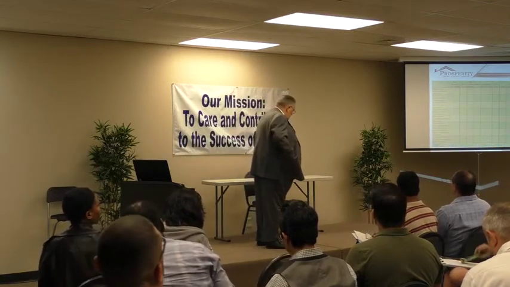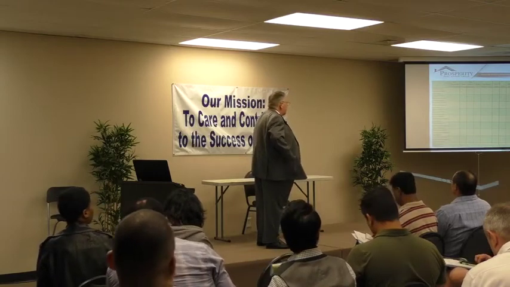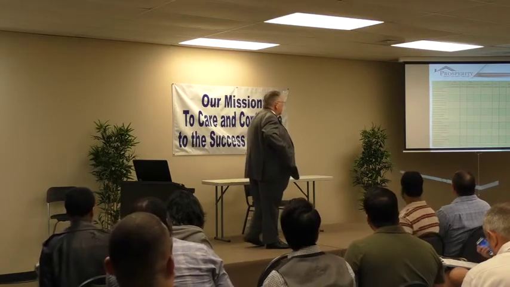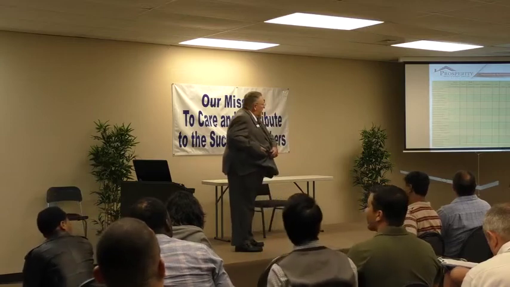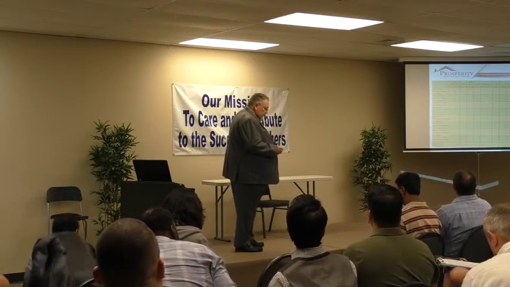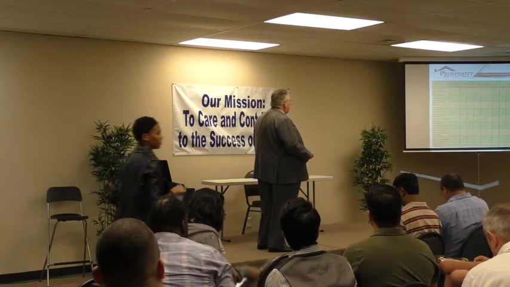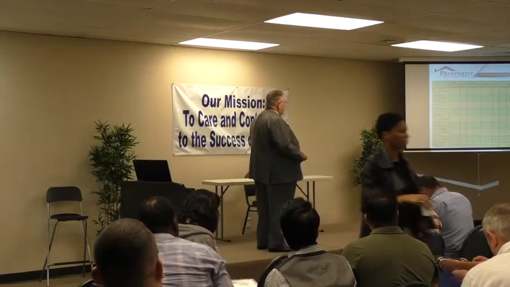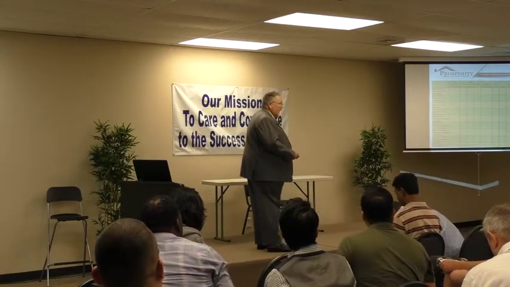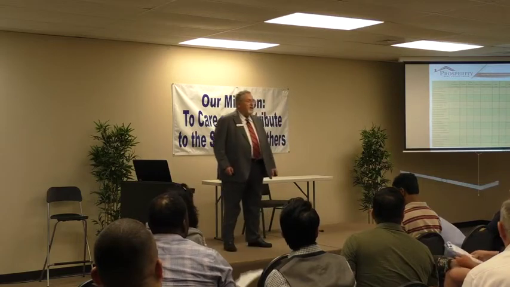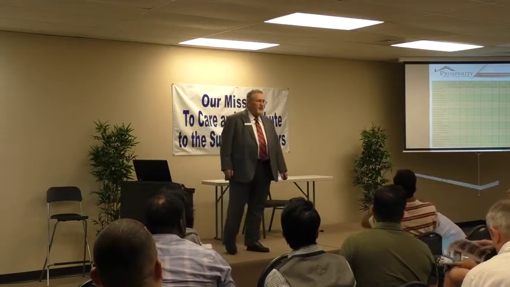Okay, the deal matrix is set up this way. There are basically 10 scenarios that you might encounter with a particular seller, and they are listed down along the left hand side. Nina, can we go ahead and pass those handouts?